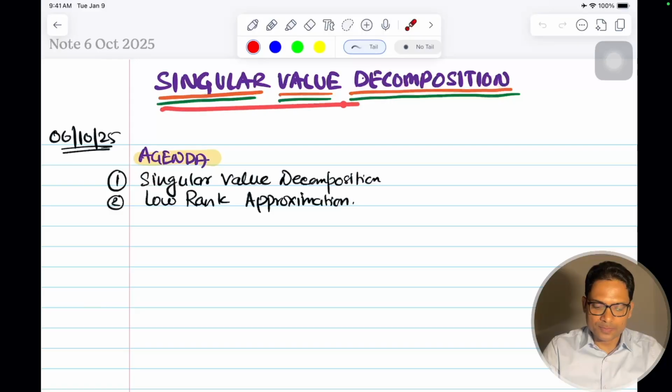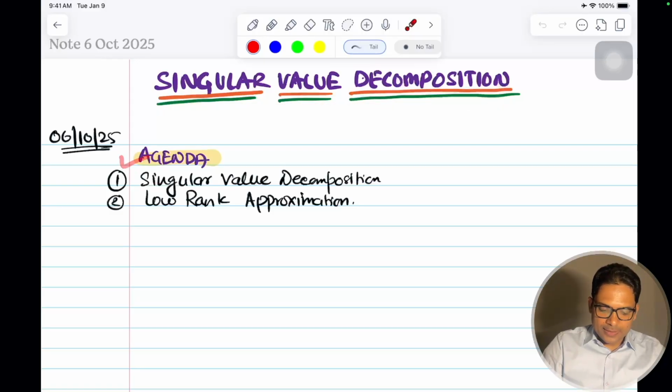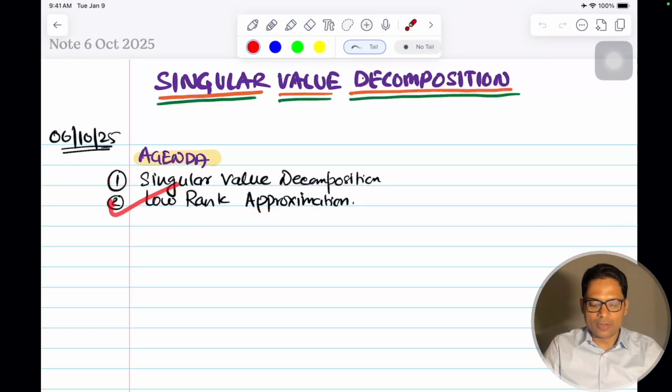Okay, let's start. So the agenda is singular value decomposition, and we'll also discuss low rank approximation, which is just an application or a use case of singular value decomposition.